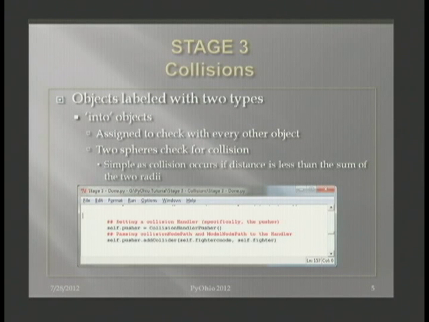So what happens is the into objects are every other object in the game. The fighter is the from object. We haven't seen that term yet. Every time we go through the scene, the fighter is tested to see if it's colliding with anything in the scene, and it goes through the render graph.